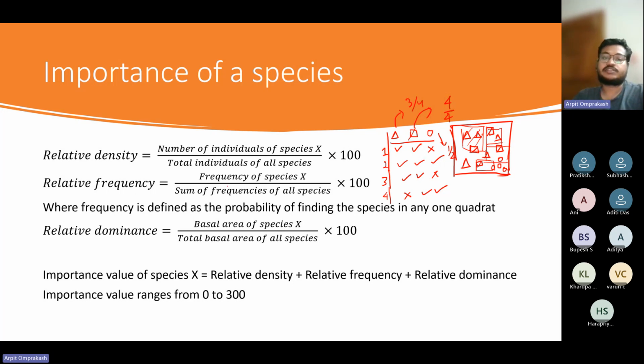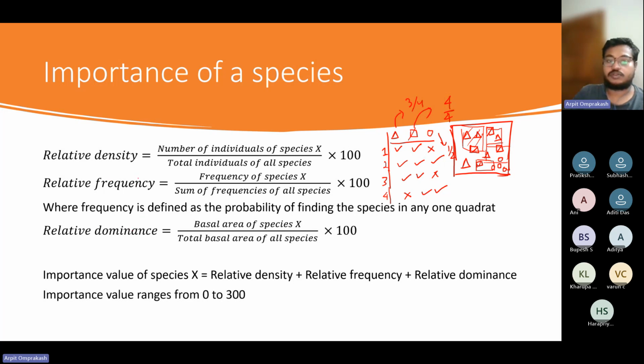The relative frequency is defined as the frequency of a given species X divided by the sum of frequencies of all different species in the community, times 100. And the relative dominance is basically the basal area of species X divided by the total basal area of all the species, times 100.